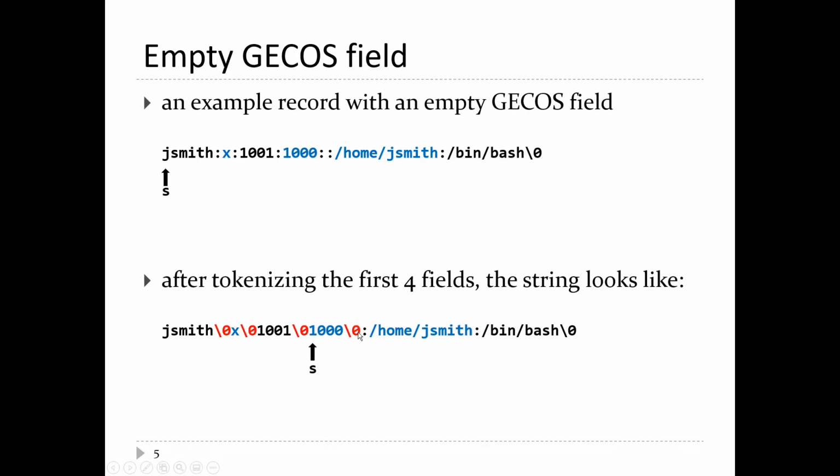So again, the string length is 4, so S plus 4, plus 1, so 5. That's the first character of the next string that GCOS is going to try to process. If it's a colon, I know that the GCOS field is empty.